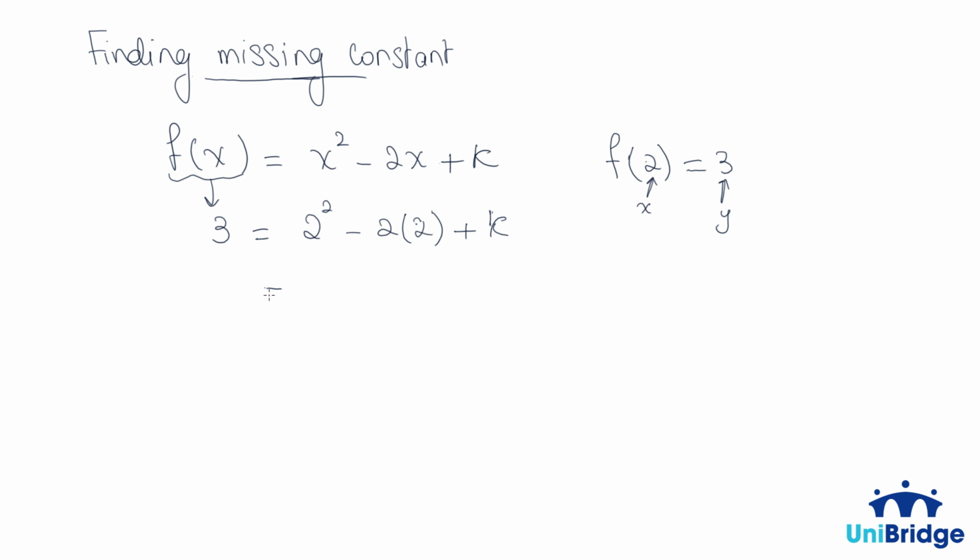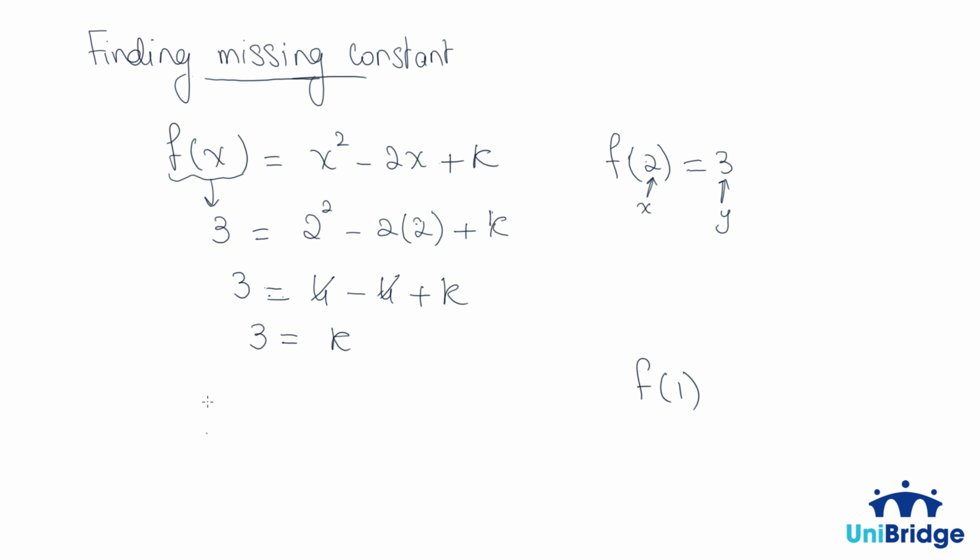So you can solve this by saying that 2 squared is 4, minus 2 times 2 is minus 4, plus k is equal to 3. So this cancels out, and you found your missing constant. You're going to say that k is equal to 3. Now that you know that k is equal to 3, you can solve for, let's say, f of 1.